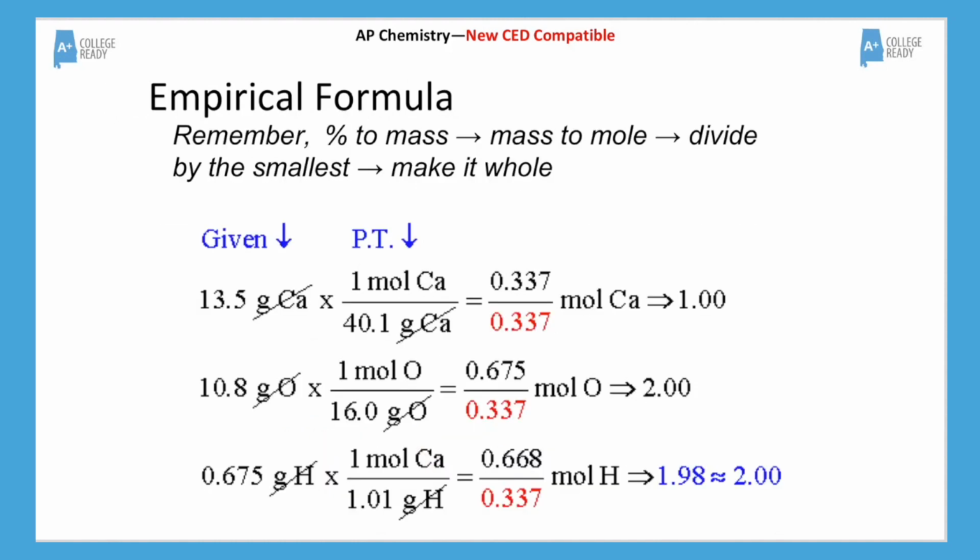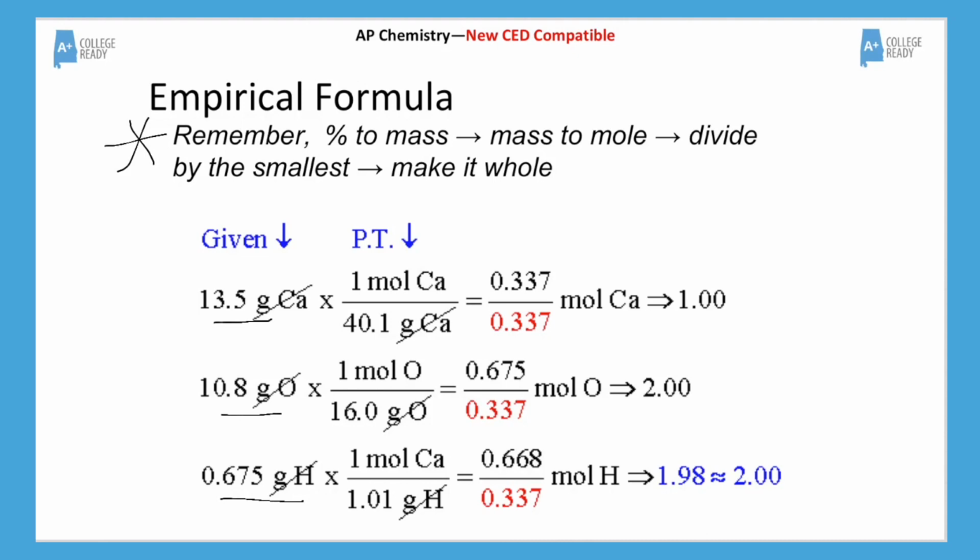For the empirical formula, this is a very helpful, just short little rhyme to remember. If we have percents of elements in a compound, we would change those to their masses by just assuming a 100-gram sample. But a lot of times they don't even start us with percents. We might be starting with grams of the elements in a compound. So if we have masses, all we have to do is change those to moles.